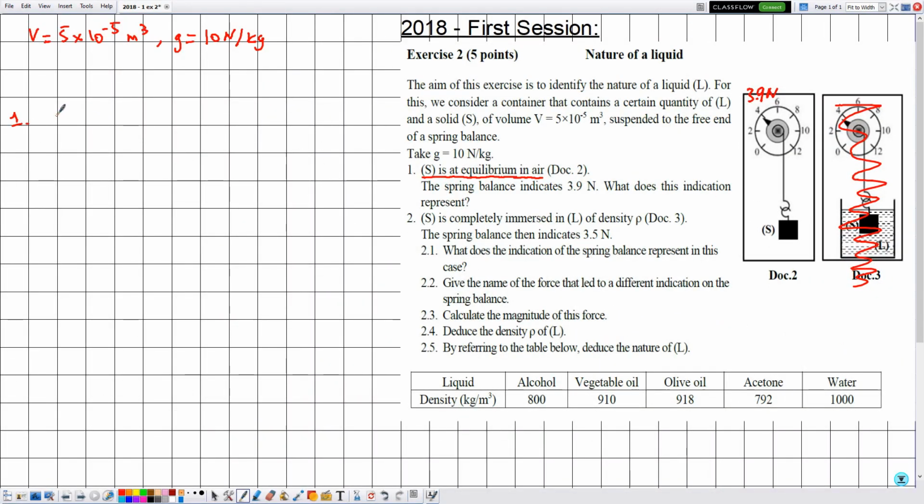Then let's say, since the suspended object is in air, at equilibrium, then the spring balance indicates its real weight. Then in this case, the real weight is given by 3.9 newtons.